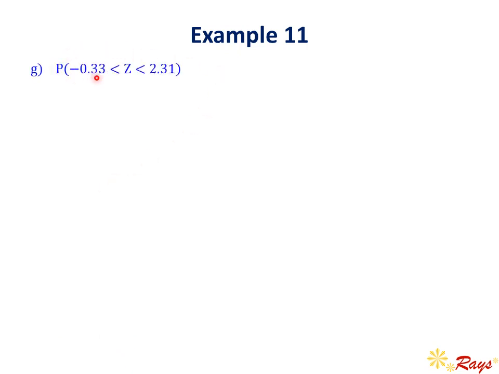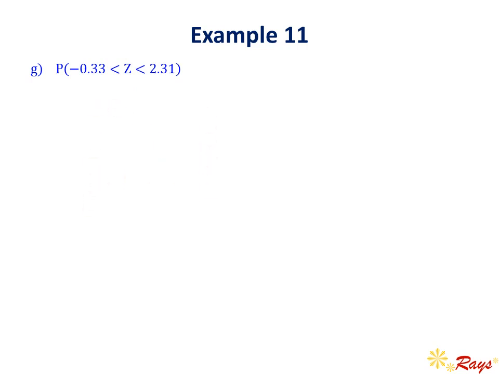G. Find the probability of Z in between negative 0.33 and 2.31. Observe, this time Z is in between a negative value and a positive value. So we can imagine that the area for Z is from the negative towards the positive.